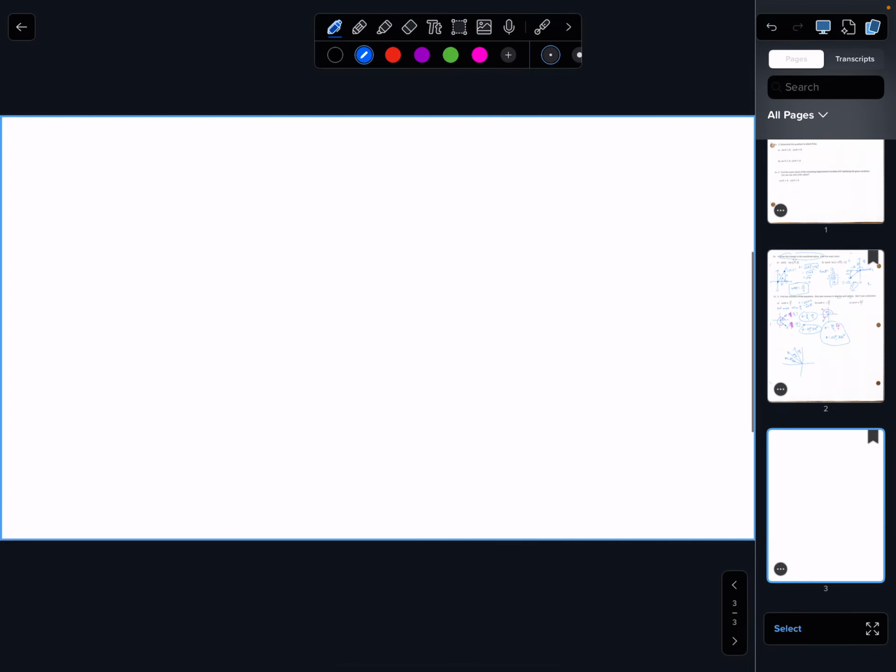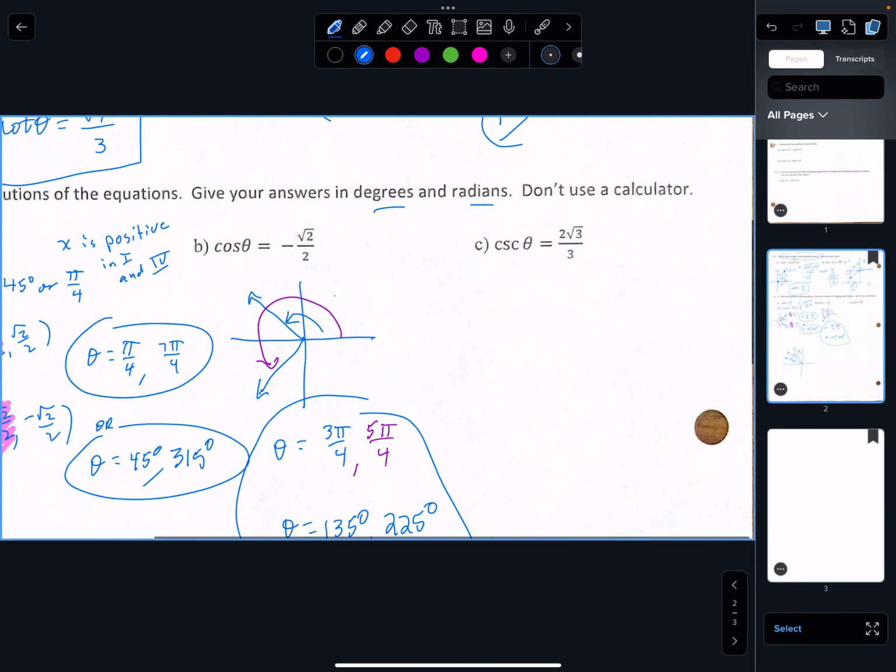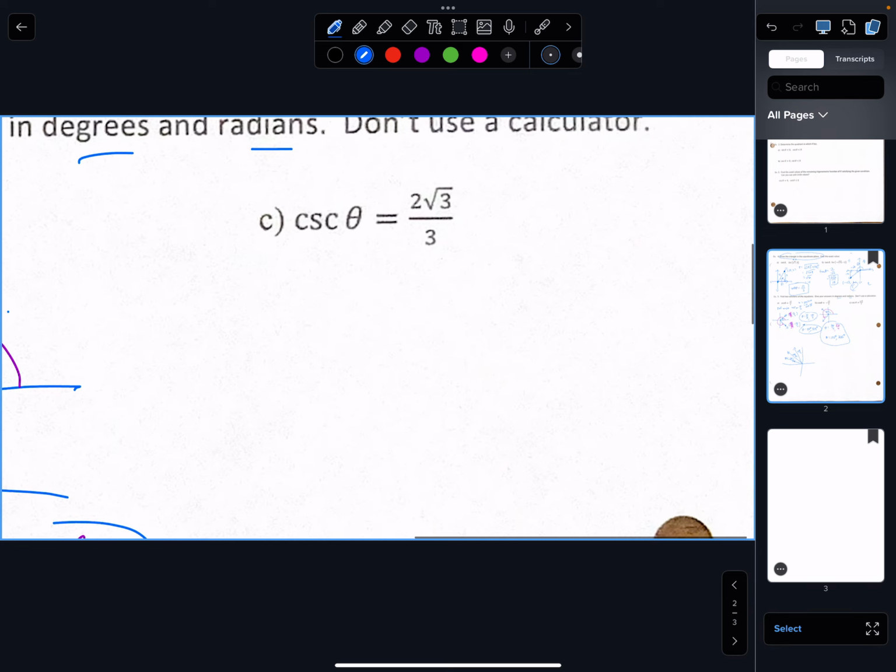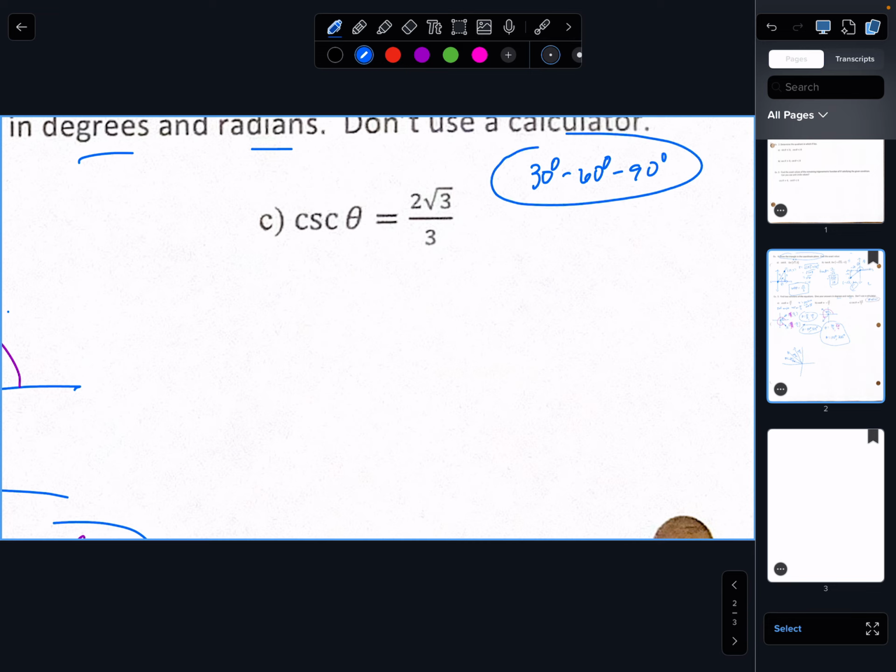All right, so on the next one, I immediately am going, this is something to do with the 30, 60, 90. When I see the 2 and the root 3, I'm like, this has got to do something with a 30, 60.